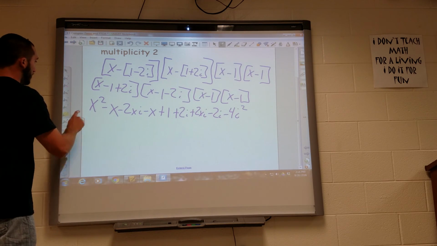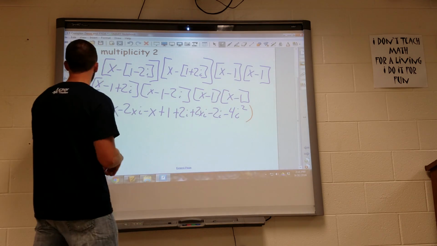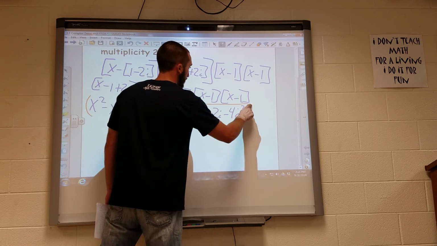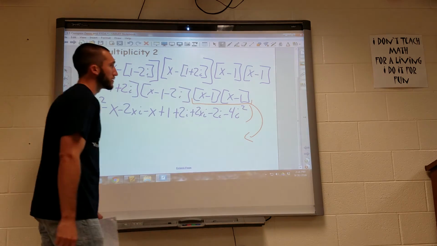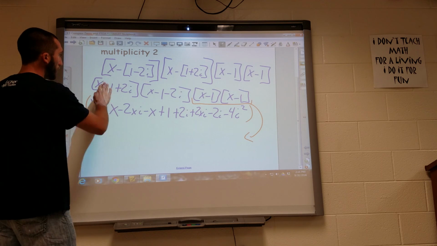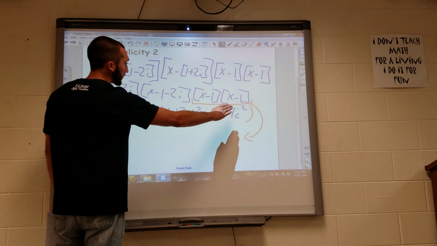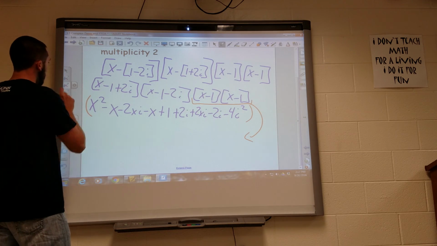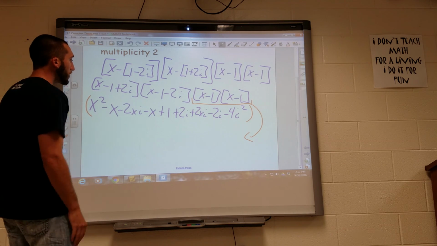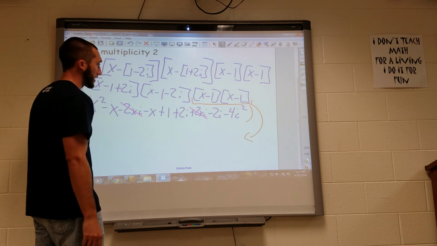So I'm just going to show this simplifying, and then I'll carry my x minus 1 times x minus 1 down. So foiling out these two terms gives me all of this. Looks a little scary, but it's not so bad because a lot of things will cancel. Here we have a negative 2xi, positive 2xi.